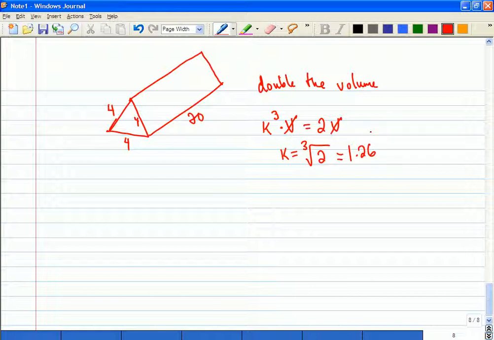So if I then wanted to figure out what would happen to the surface area, that means I would be able to take that number, 1.26, for the surface area. So I'll call it S for surface area. And remember, I'd have to square it to get the new surface area.